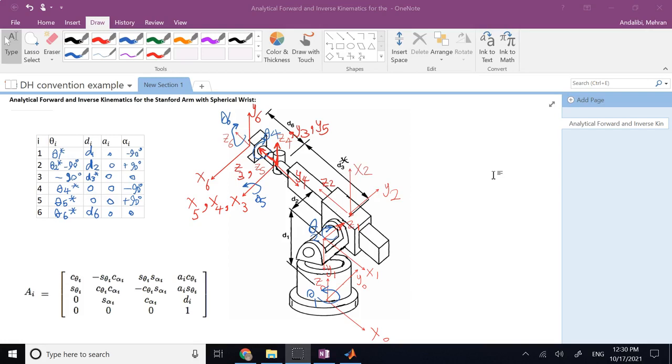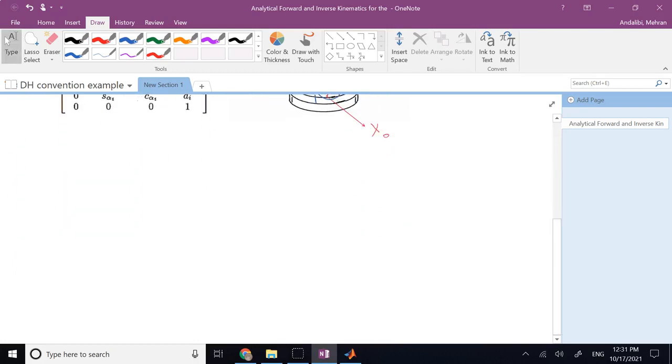So we plug in the values for each one of the rows into this formula, right? So we set all the values of the first row here in this formula, and that gives us A1, then we plug in the second row, A2, A3, A4, A5, A6, and finally T, right? The homogeneous transformation T, or you might call it H if you want. H of 6 with respect to 0, the end effector in base, is going to be A1, A2, A3, A4 times A5 and A6.